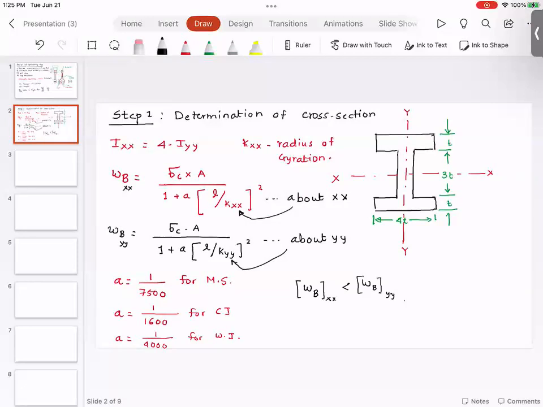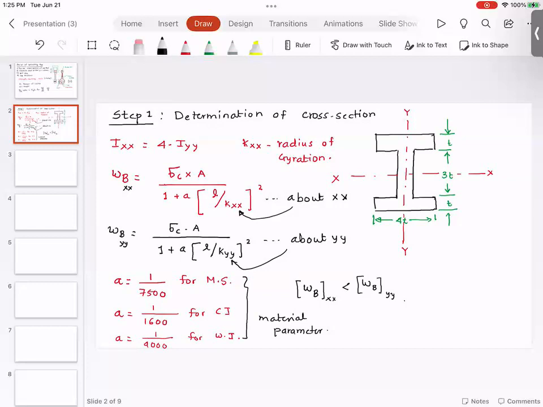Now, what is a again? a is the material parameter. What are its units? Let me quickly tell you what the unit is.